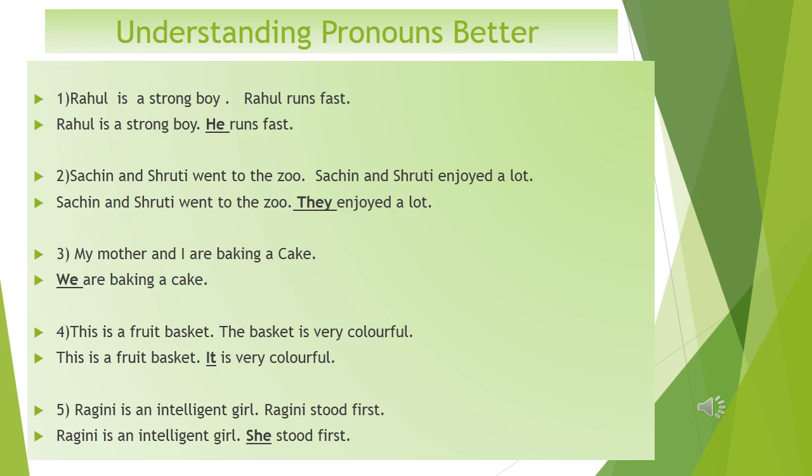Ragini is an intelligent girl. She stood first. Now we have used the pronoun she because she is used for girls. So according to the gender, you can write down he or she.